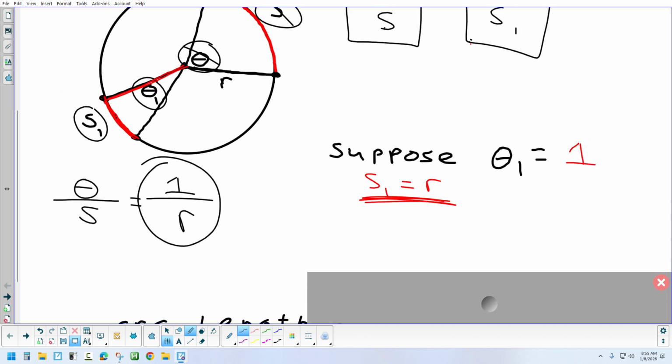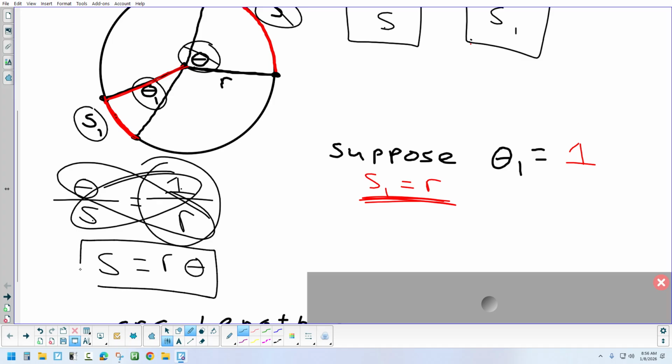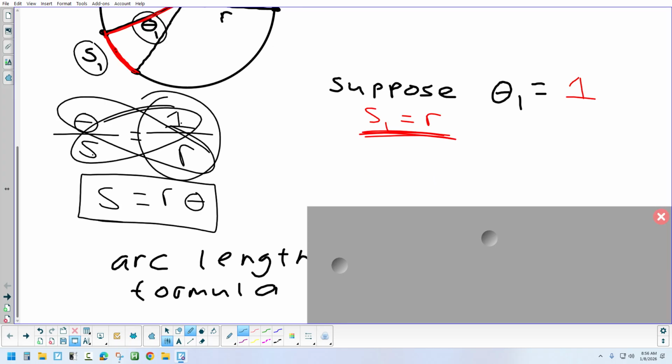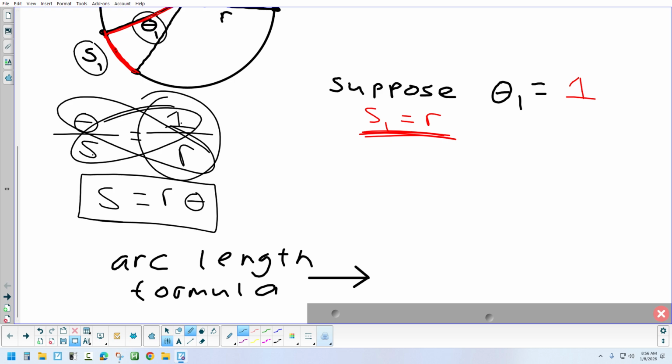Right. And now I mentioned it a couple times, but when you have a proportion, what kind of multiplication do you use to solve it? Yep, cross multiply. So s times 1, that's just s. And then r times theta. That is the arc length formula.